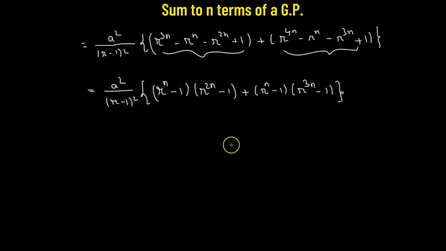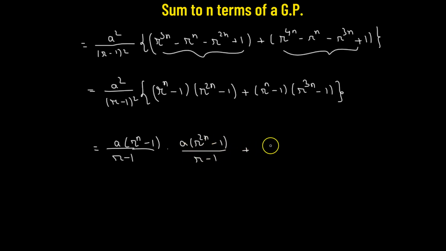Now we can finally multiply a squared divided by (r - 1) whole squared into each of the terms. So we have a divided by (r - 1) multiplied by (r^n - 1) times a times (r^(2n) - 1) divided by (r - 1), plus a times (r^n - 1) divided by (r - 1) multiplied by a times (r^(3n) - 1) divided by (r - 1).